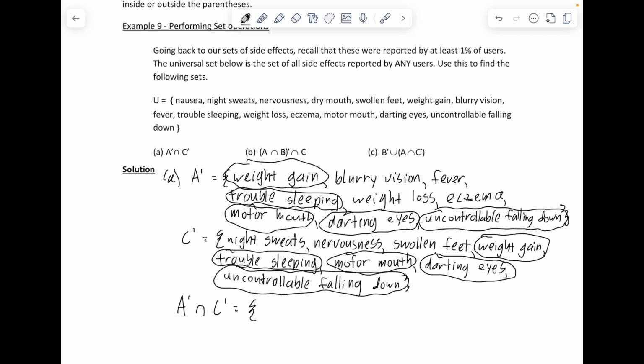So this would be weight gain, trouble sleeping, motor mouth, darting eyes, uncontrollable falling down.